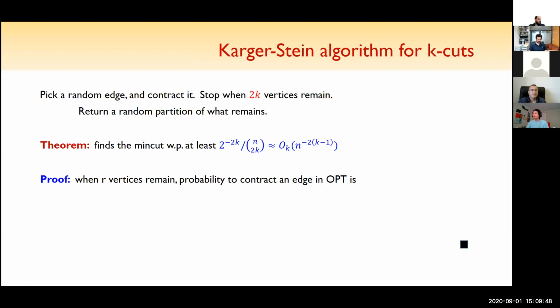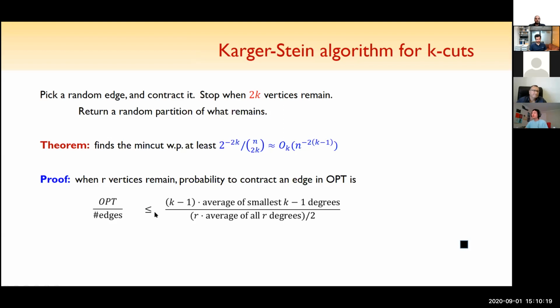So the proof will be, let's consider the procedure when there are r vertices remaining, and let's consider what the failure condition is. The failure condition is we contract an edge in opt. If we ever do that on any iteration, then we destroy the min k-cut. Conversely, we succeed if on each iteration we do not contract an edge in opt. So the probability of failure is just, since we pick an edge at random, opt over the number of edges.